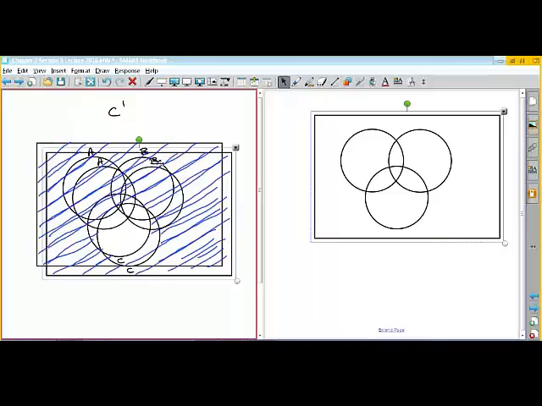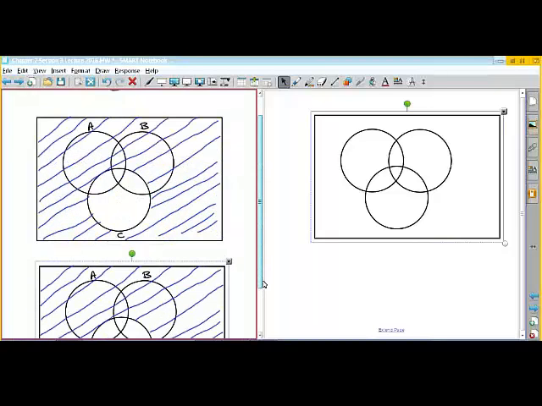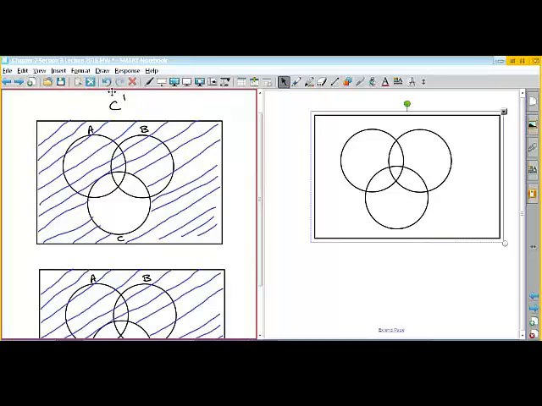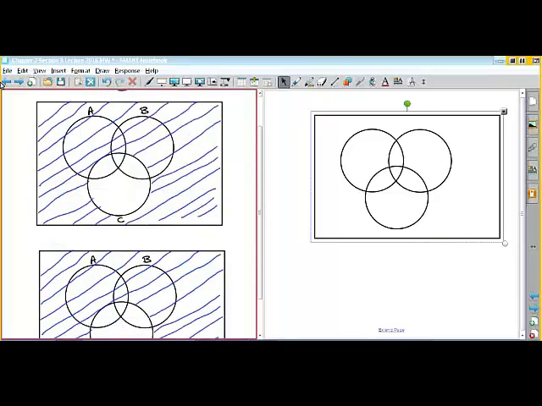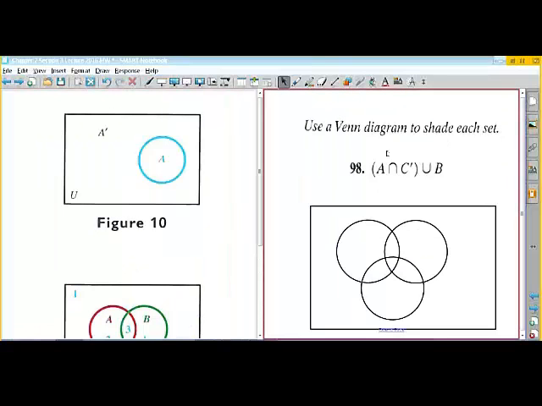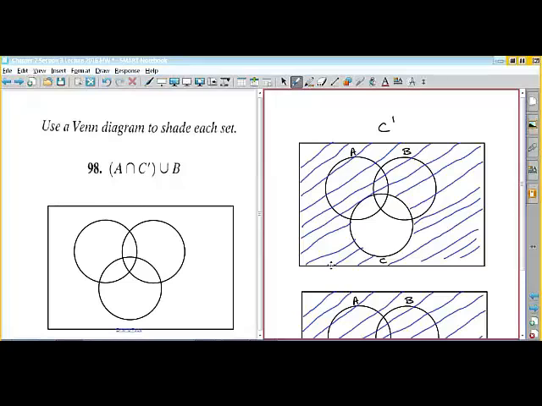And clone that thing. Okay, now, so I'm going to take what I just did, which is the complement of C, and I'm going to do the next operation, which was intersect A. So I'm going to do A intersect C prime.